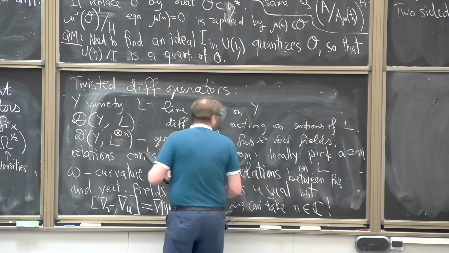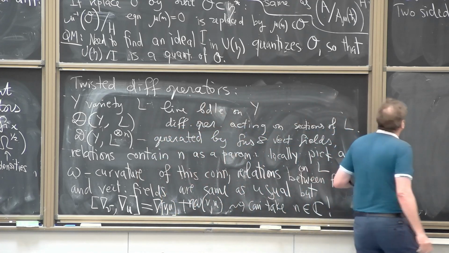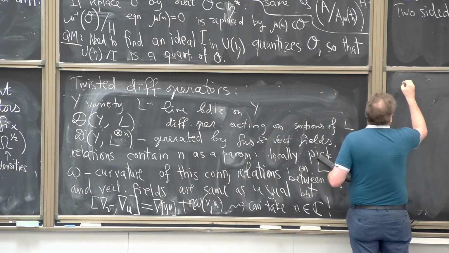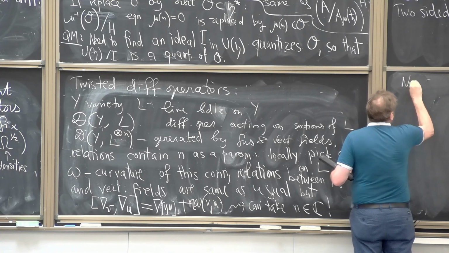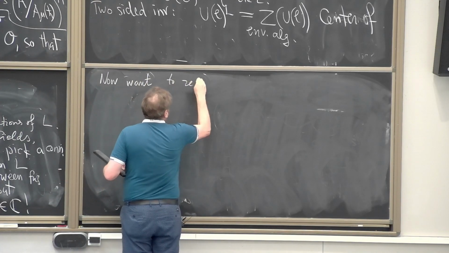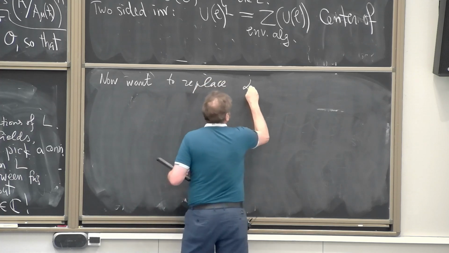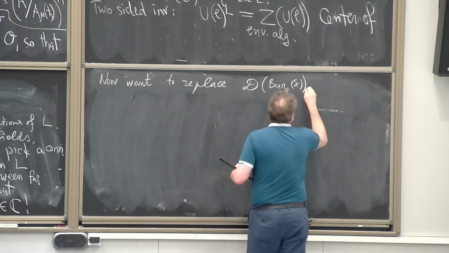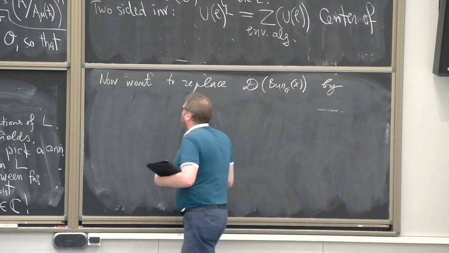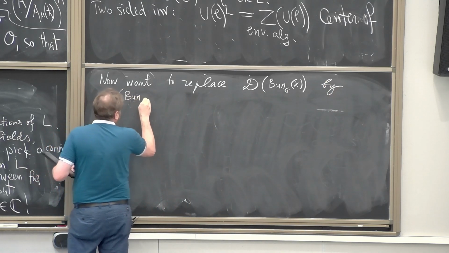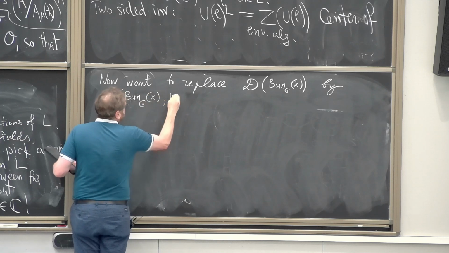Okay, so now, motivated by this, we want to replace D of Bun_G, usual differential operators, by D of Bun_G with coefficients in K to the 1/2.